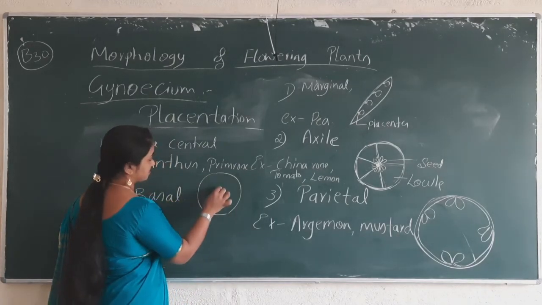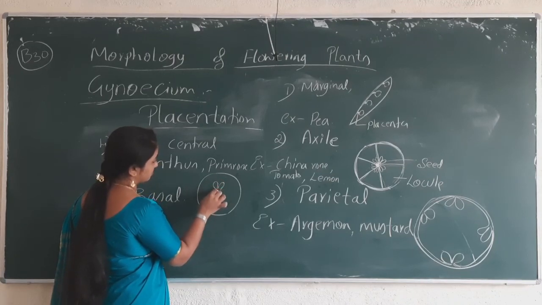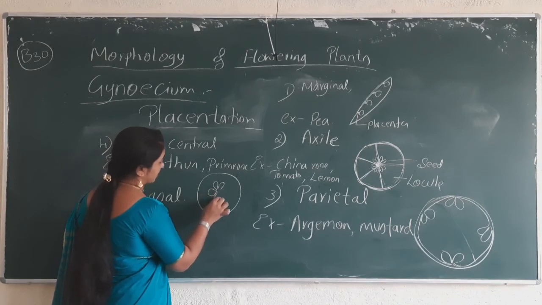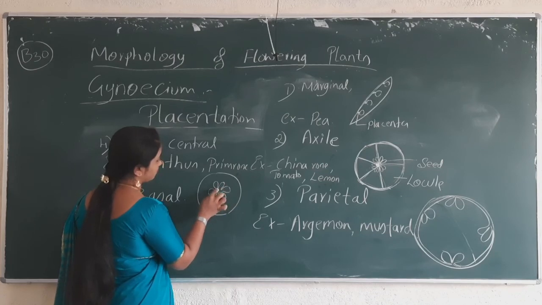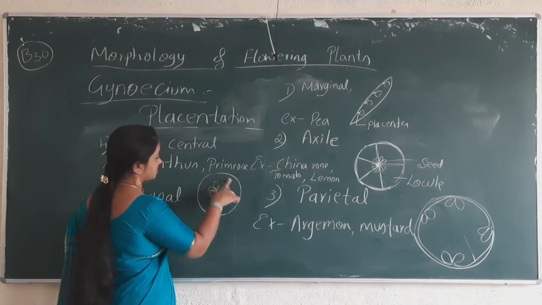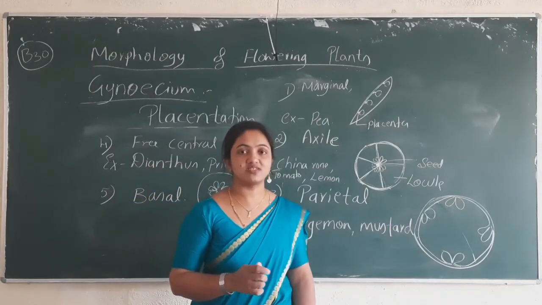The structure will look like this. In this type of placentation, the septa is absent. Freely the ovules arise inside the ovary and it doesn't possess the septa. It doesn't possess any chamber.